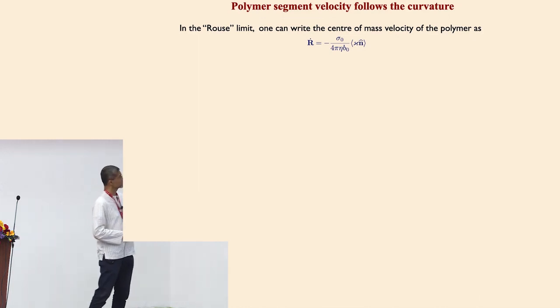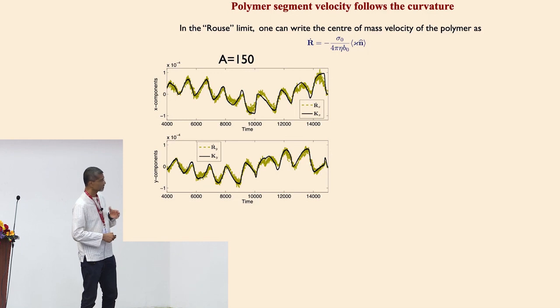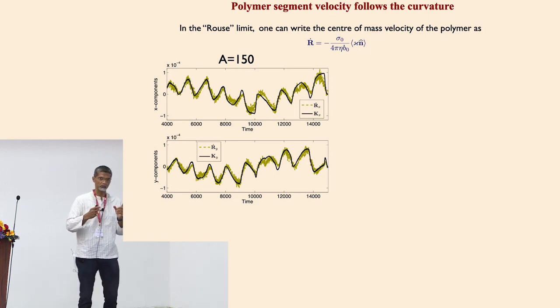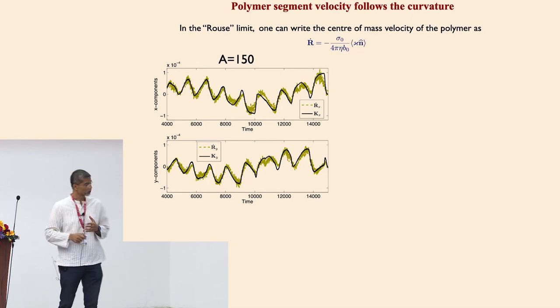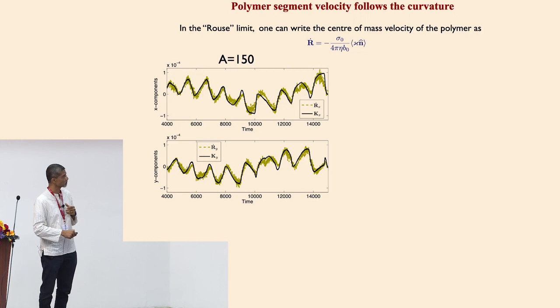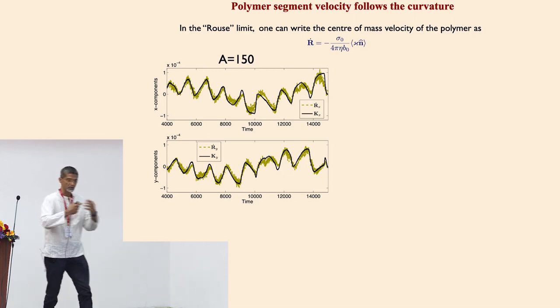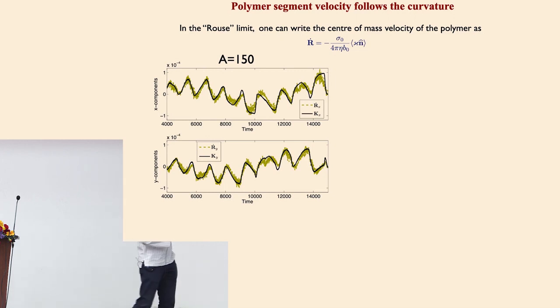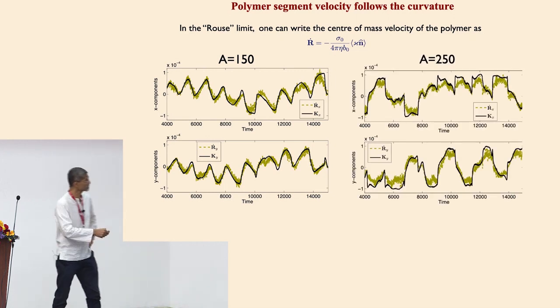With that, we have also seen in our simulations that if you look at the motion of these polymers, they bend and they move, and the motion of these polymers actually follows the curvature. Here the black line is showing the curvature variation, and the green color is showing the center of mass motion from the simulations, and you can see that they follow each other for all activity.